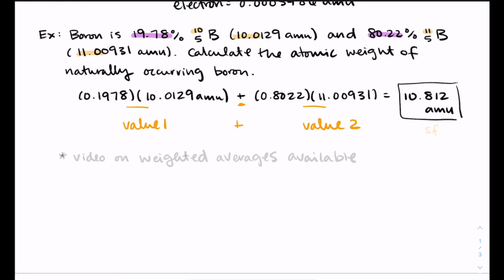And you're going to need to write down the value for 0.8022 times 11.00931 because those two numbers are going to limit the sig figs that you get from that operation. But then you add them together. So the next step requires a different sig fig propagation rule before assigning sig figs to your final answer.